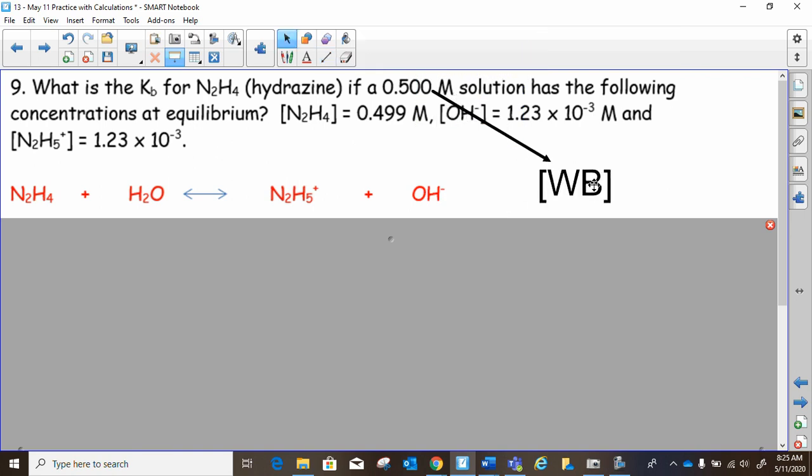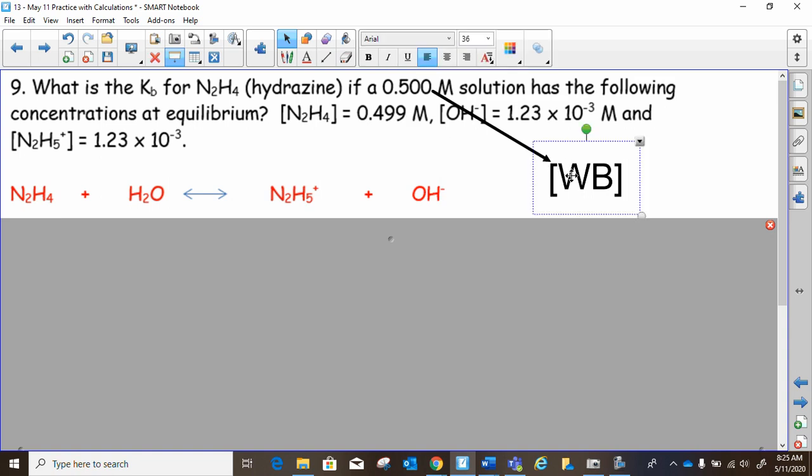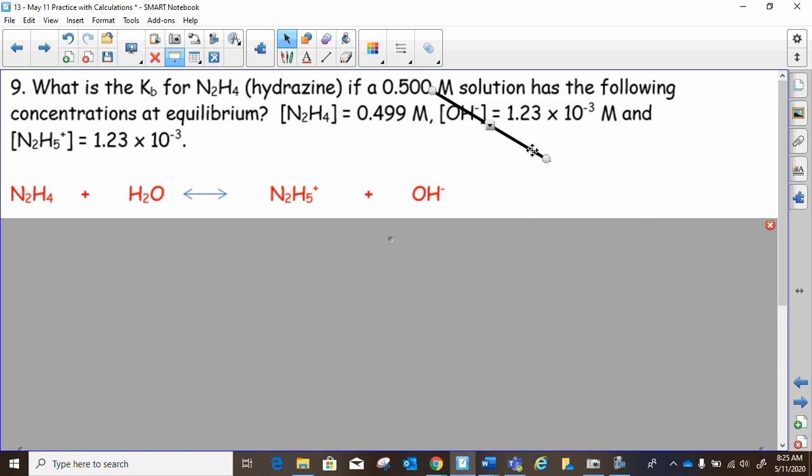Okay, and then we're given the concentrations of our ions. Now you'll note it has 0.5 here, but yet 0.499 here. That's because it has already taken into consideration that some of this hydrazine has broken down and formed these ions. So they're saying about 0.001 molarity has broken down and formed these ions.